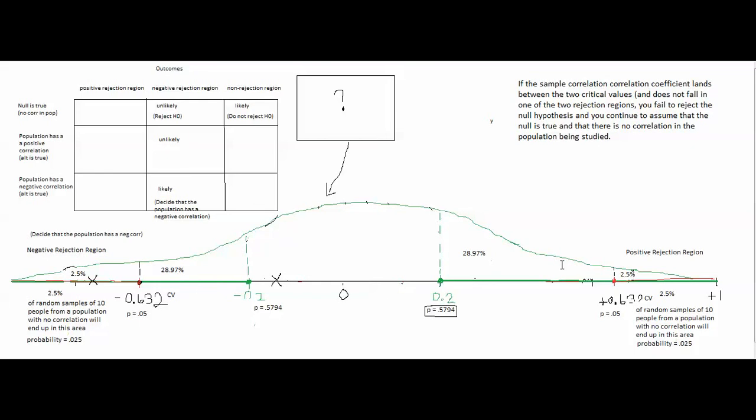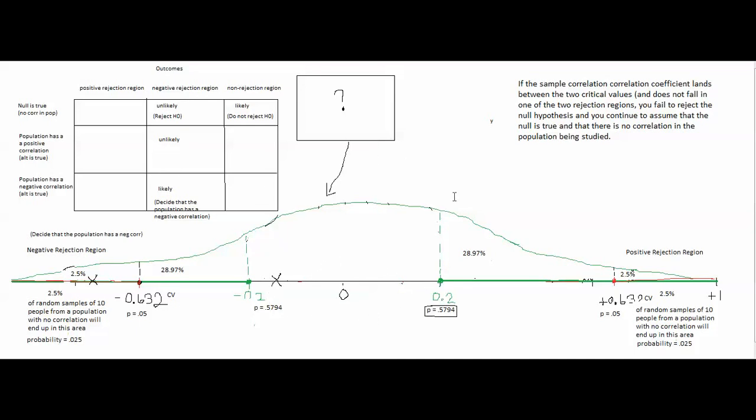Now what about if your sample ends up in the positive rejection region out here? Well, this area is also unlikely to be reached when the population has no correlation, because if the population has no correlation, then the sample is likely to fall in this middle area near 0 in the non-rejection region.